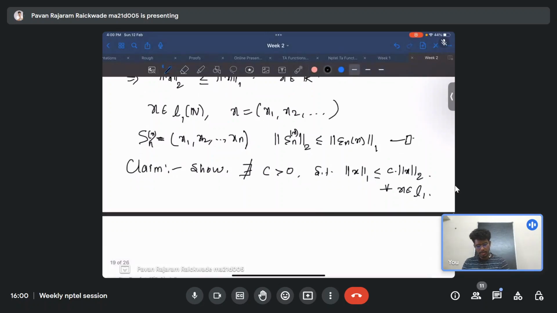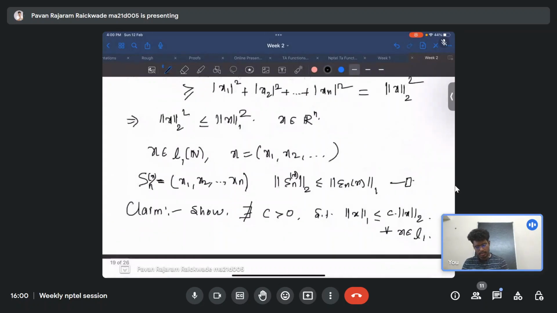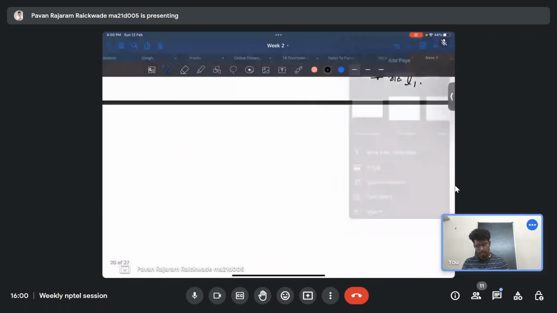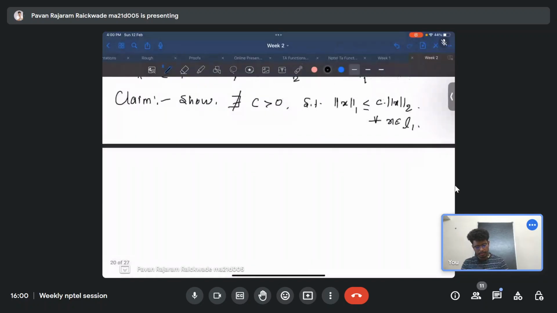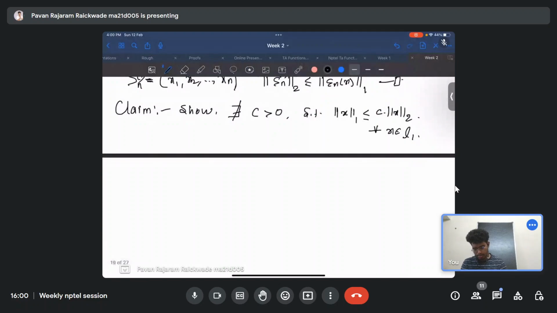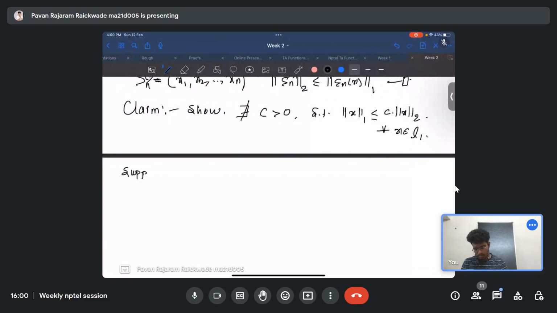We have to show that there does not exist any C. So we'll go by contradiction. Suppose there exists C such that norm x1 is less equal C times norm x2 for all x belongs to L1.